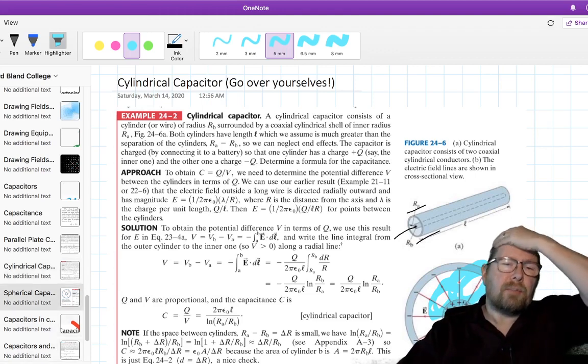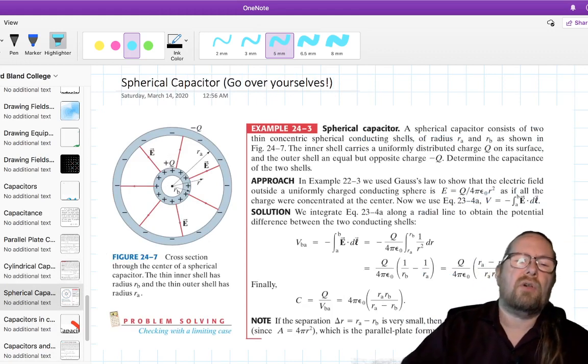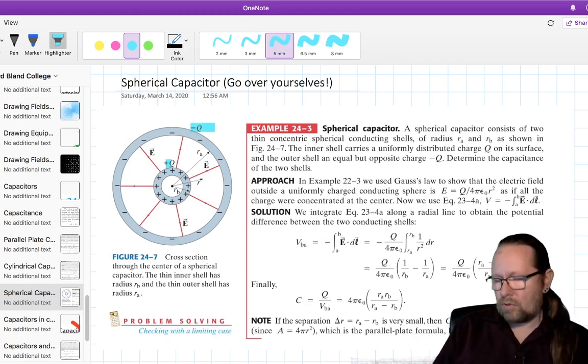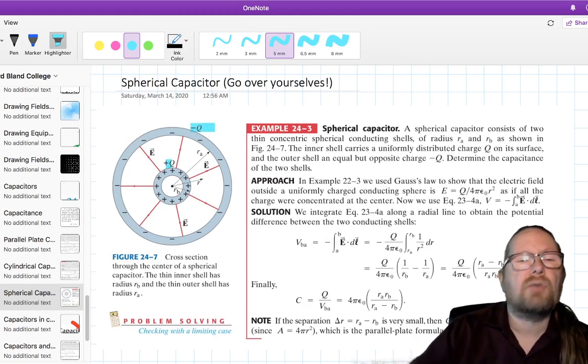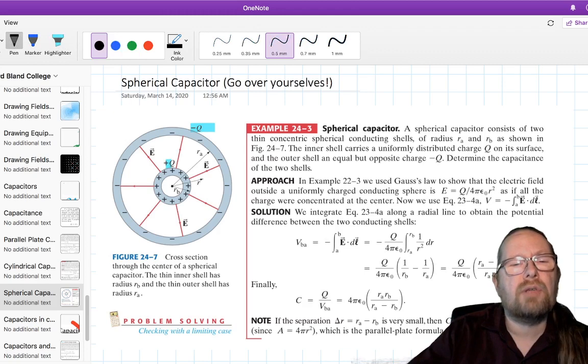And then example 24-3 does the same thing for a spherical capacitor. Imagine you've got a conducting sphere of charge plus Q inside of a conducting sphere of charge minus Q. What is the capacitance, or the ratio of the total charge to the electrical potential difference?